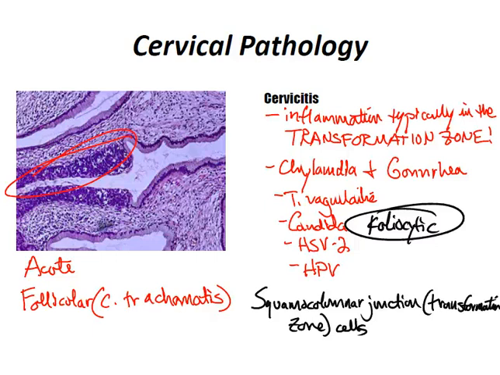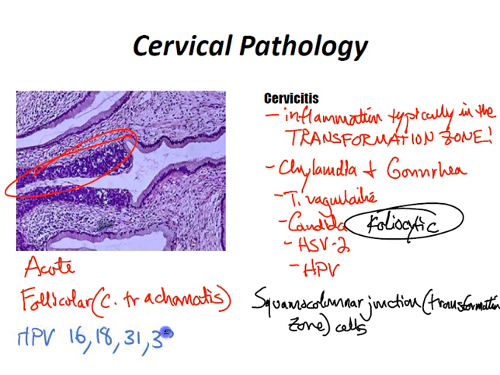Well, it's HPV 16, 18, 31, and 33. Those are the HPVs that are associated with cervical intraepithelial neoplasia. Or as some people like to call it, cervical cancer.